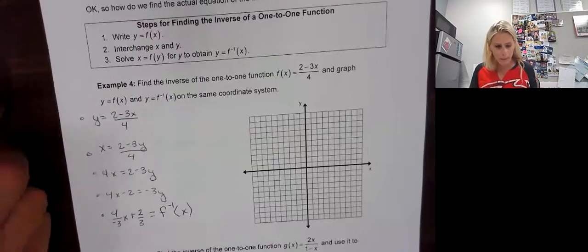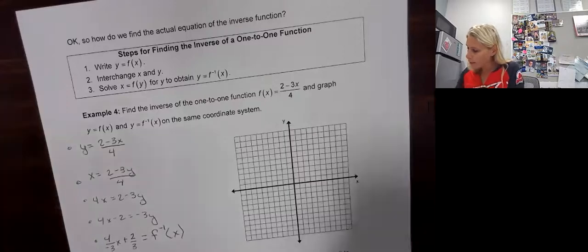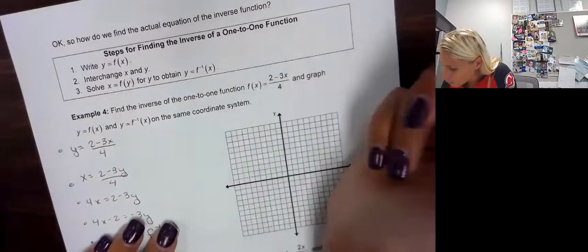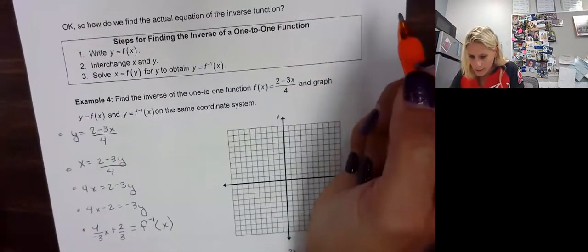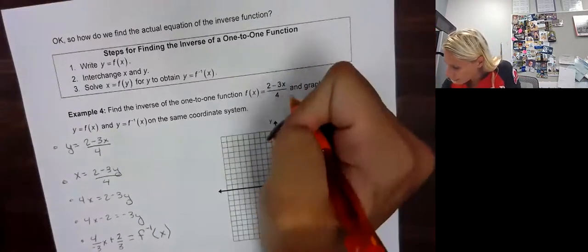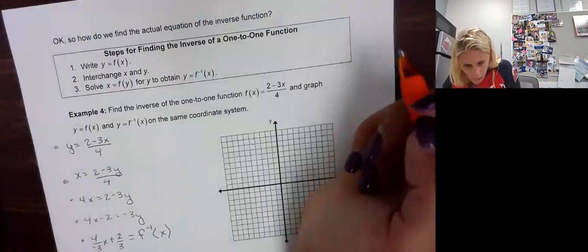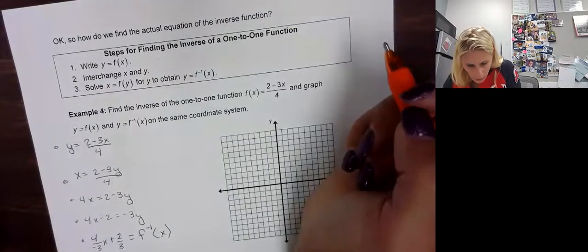So here's the best thing to do. Let's just plug in points. If I plug in 0, I get 1/2. Let's try something that works out very well. If I plug in 3, that's 9, minus 2 is 6. So what did I do?